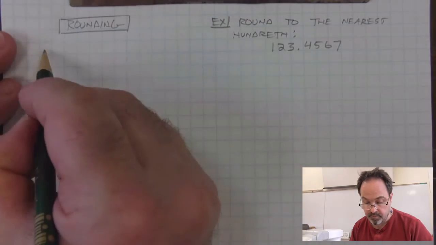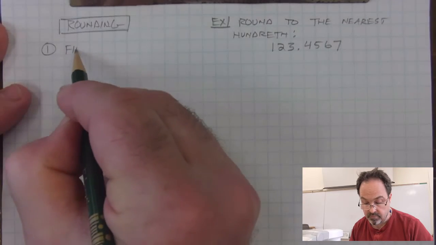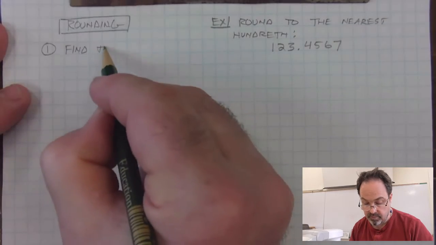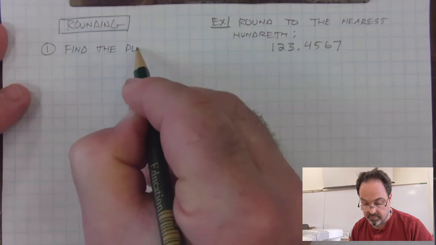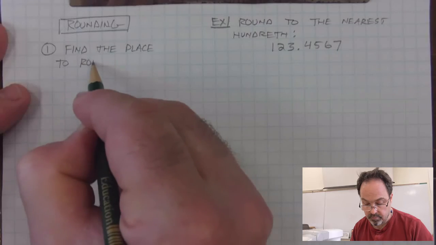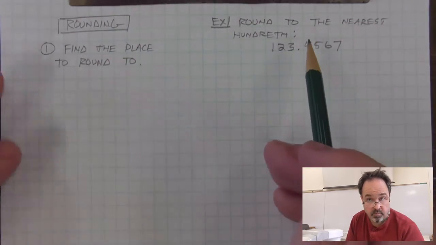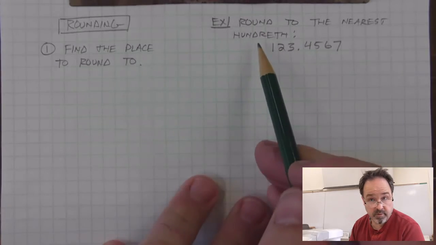How do we do that? We're going to follow a process which begins with finding the place to round to. In this example, we're told to round to the nearest hundredth place.